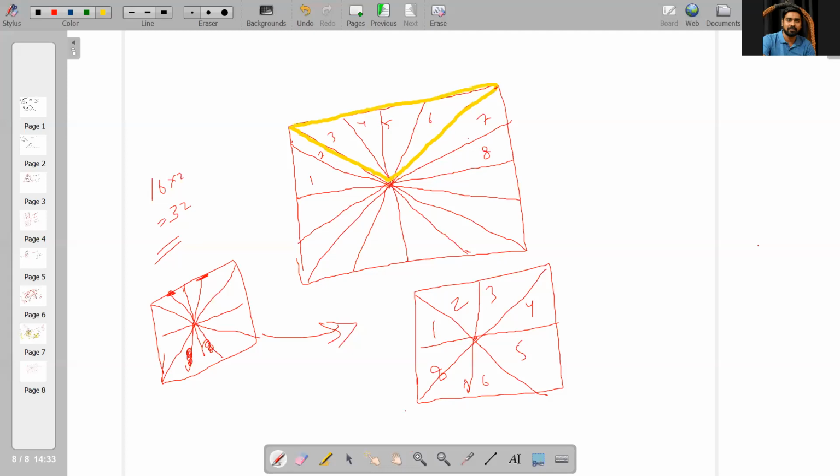Because if we start counting like this, then we are not able to count the triangles formed like this. These triangles will not be counted, right? क्योंकि यहाँ पे तो हम लोग ये गिन पा रहे हैं, लेकिन as soon as we increase the line, we are not able to count this triangle.